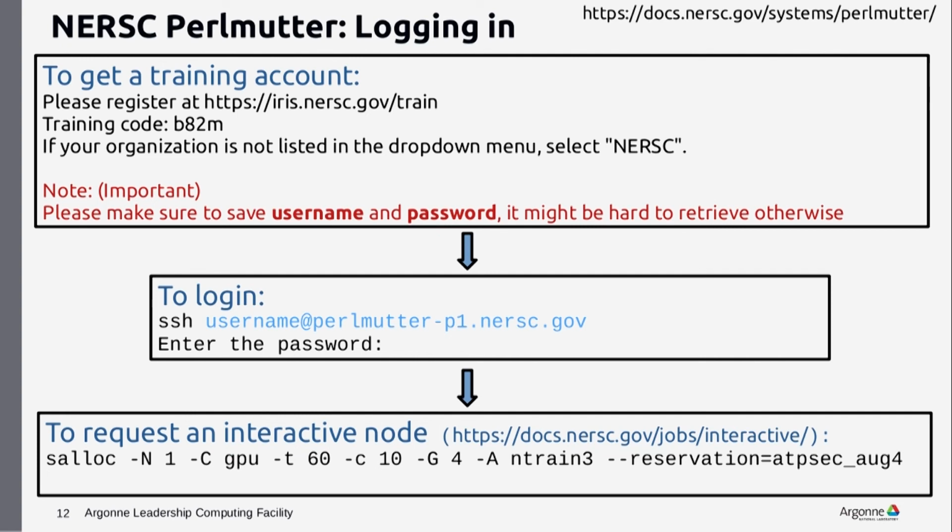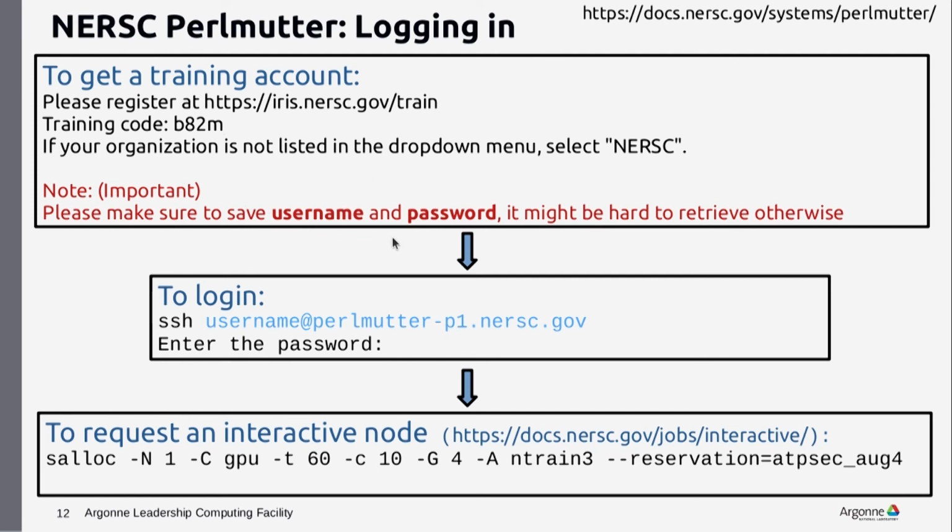Just before we go, these are the instructions to log into Perlmutter. I hope you got a chance to get your training accounts before. If not, please do it now. We have about 20 minutes or so. If you did not request a training account, just go to this link, use the training code, fill in the basic information, and you will get the username and password.